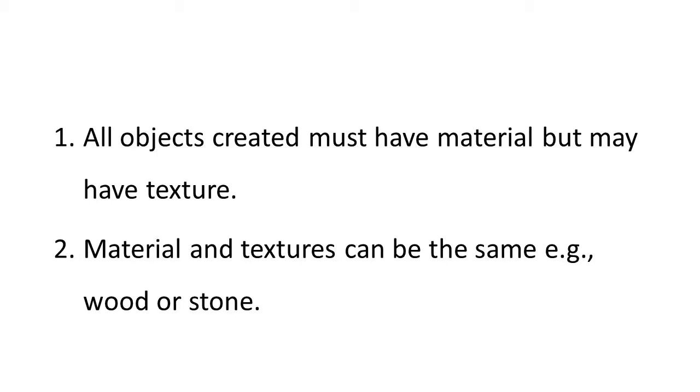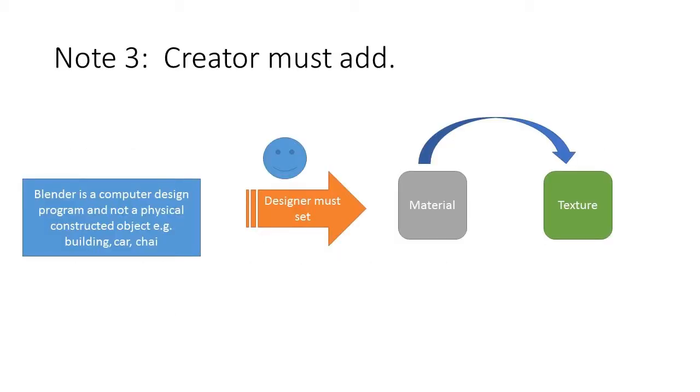You can have a wood material or a marble chair where Lincoln is sitting, and then it can also have a marble texture. So the material and the texture can be the same. But as a design program, you as the designer must give input on what type of material you want, and then also the texture.